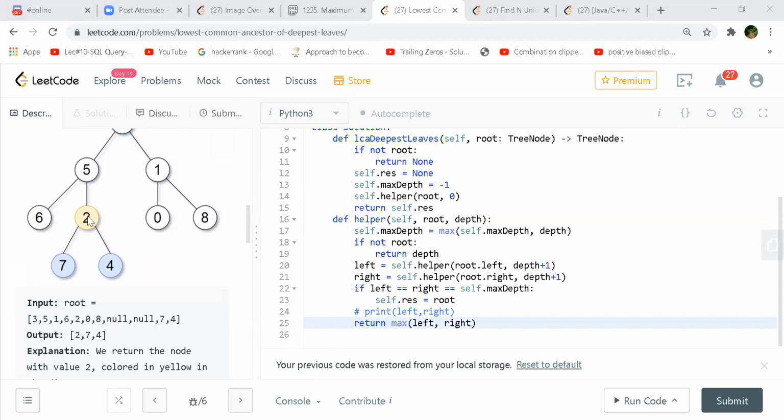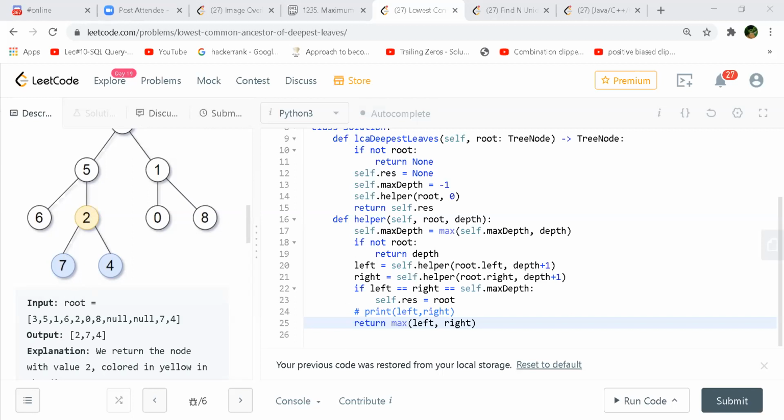Then for 2 and 7 it won't be 2. It will be the node, because 7 is at the bottommost level, so its left and right are null, so 7 itself will be returned as the LCA of itself, right?